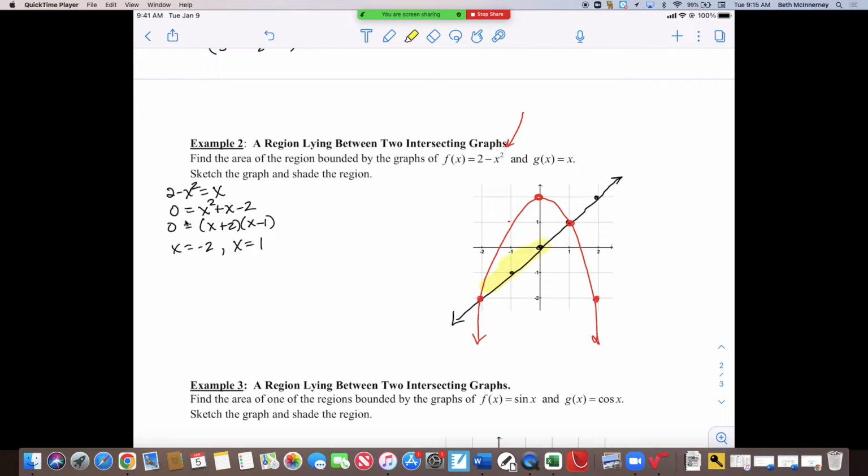So I'm looking for the area between those two curves. So then you do want to get in the habit of trying some vertical slices. No matter where I take the slices, I'm always getting top to bottom.